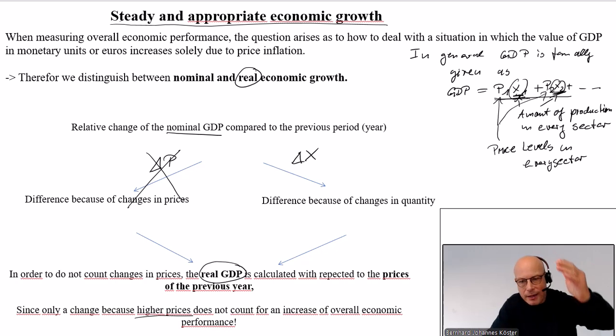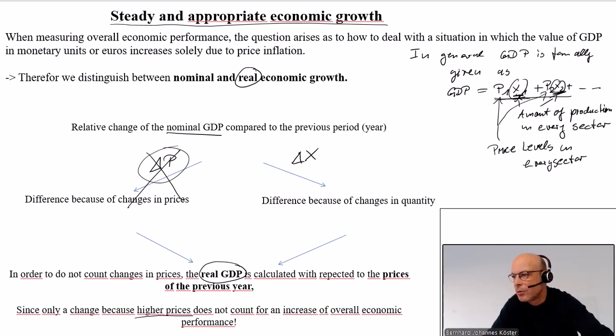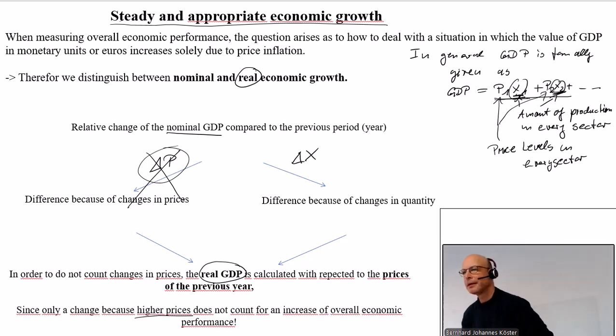Because if we just held the price level constant, then we are done. There is no price change anymore. But is this possible for all products? Idea? Yeah. Pardon? What do you mean by how it changed?